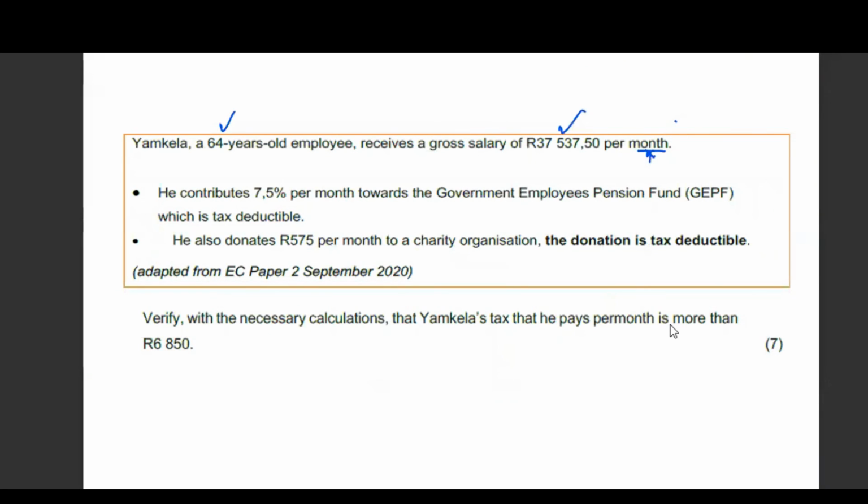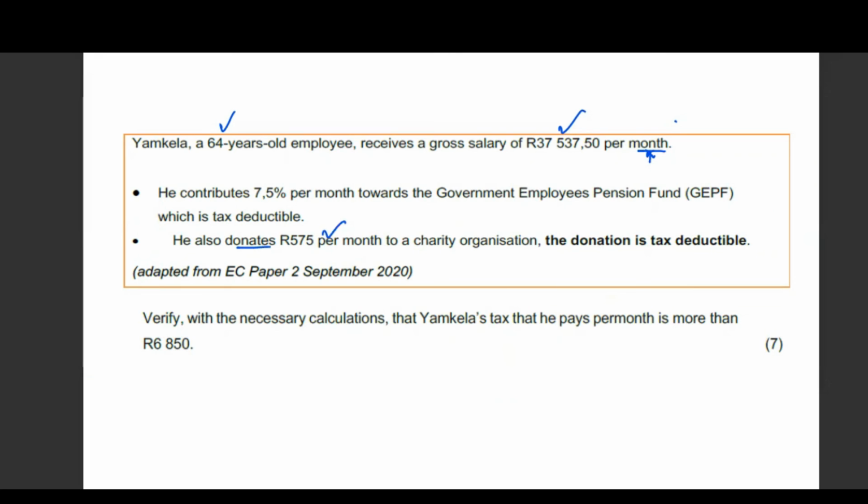He contributes 7.5% per month towards the government pension fund, which is tax deductible, meaning you have to subtract it before you start calculating tax. Then he also donates per month to a charity organization. Donation is also tax deductible, meaning we need to remove it before we start calculating tax.